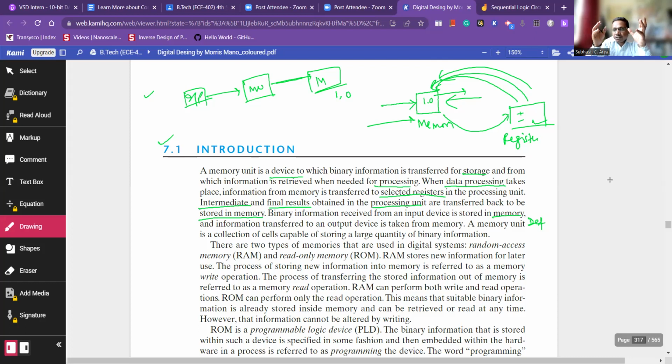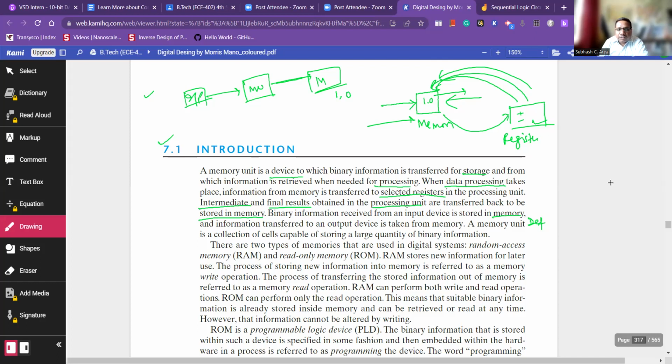It has some limitation. So this is the little difference between a memory unit and registers. We are talking about larger capacity. So this is the memory unit.